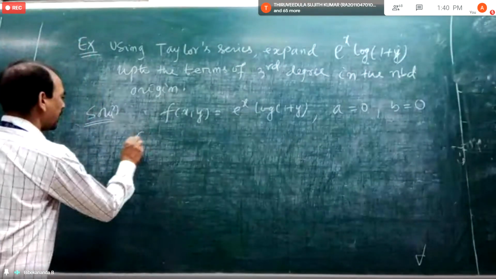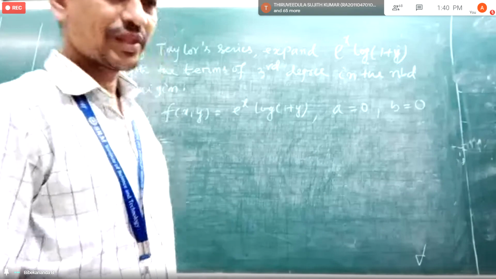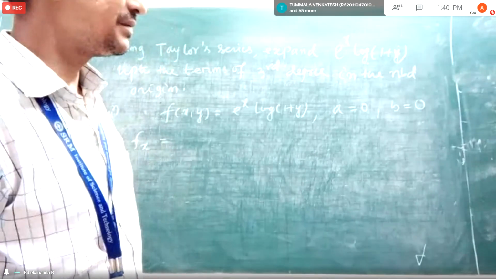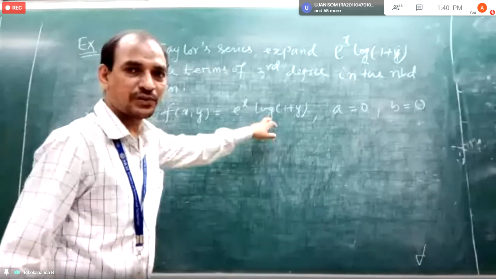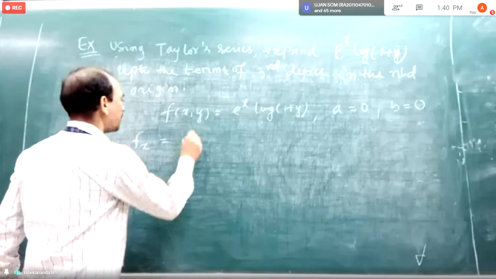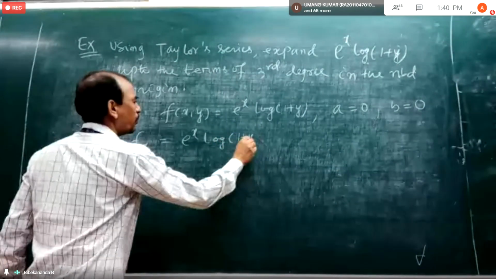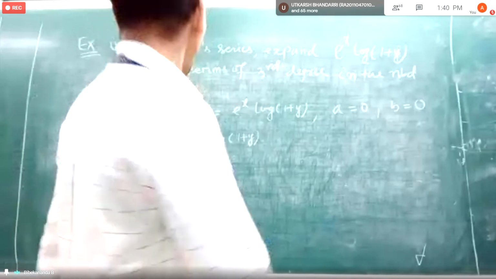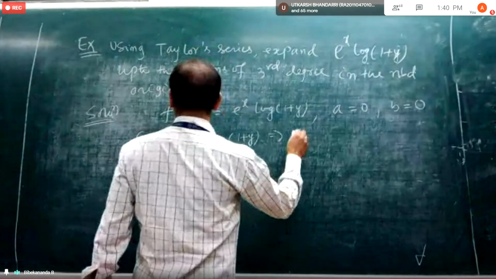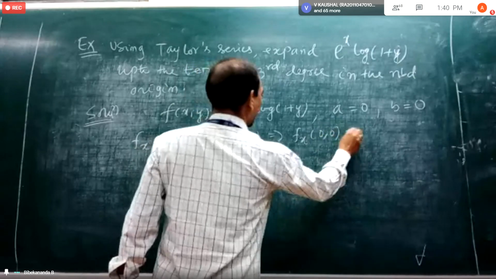So now tell me, what will be your fx? e to the power x log of 1 plus y, with respect to x. Now, tell me what is the value of fx at origin? 0.